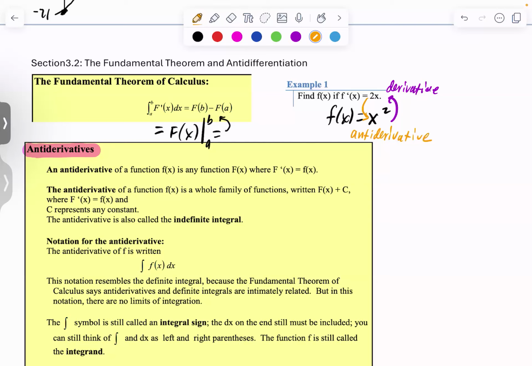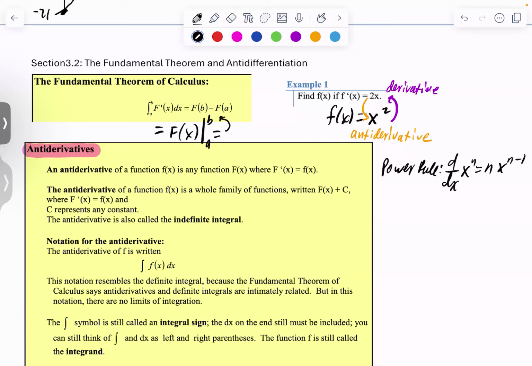And let's move into our definition. So an antiderivative of the function f of x is any function capital F of x where F prime of x equals f of x. So in other words, we're going backwards. And if you remember the power rule for derivatives, it was here.